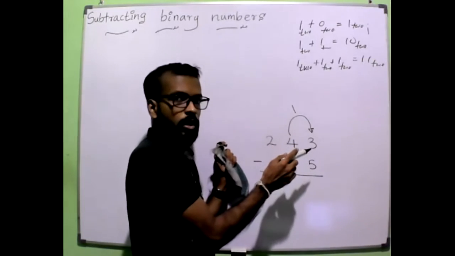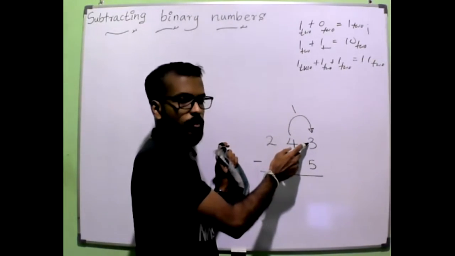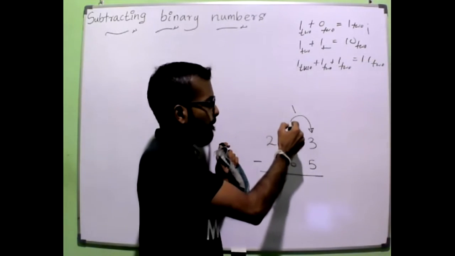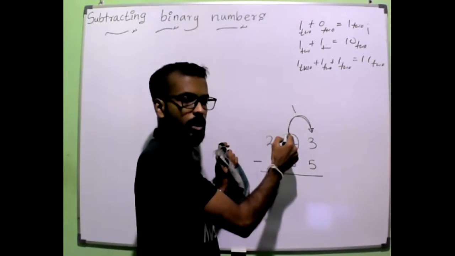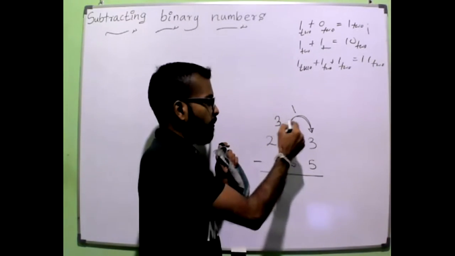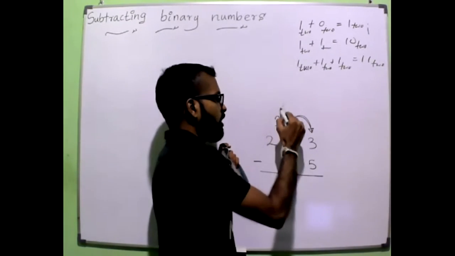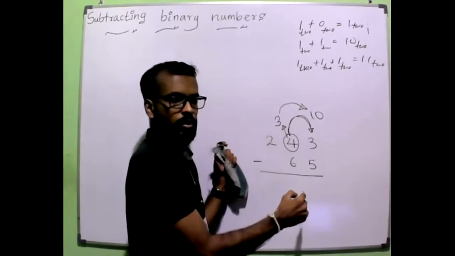When it comes to this last digit, you are taking 1 from this 4, right? It will deduct this 4 to 3, but when this 1 comes to my right hand side, it becomes 10, right?